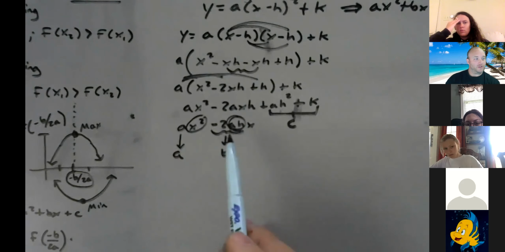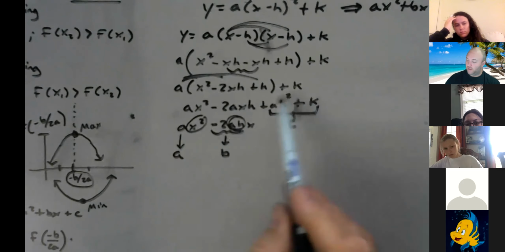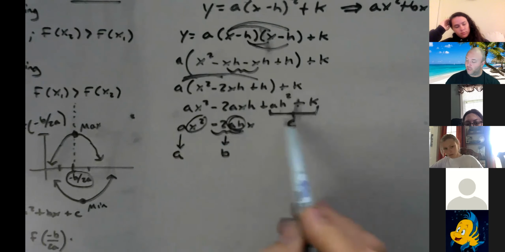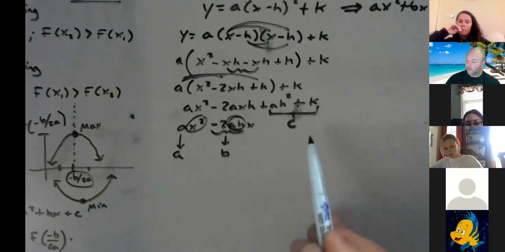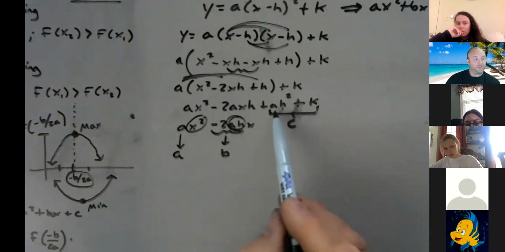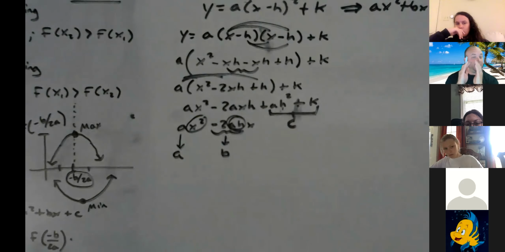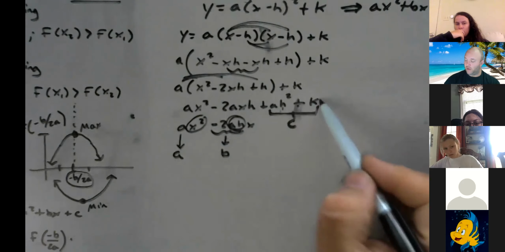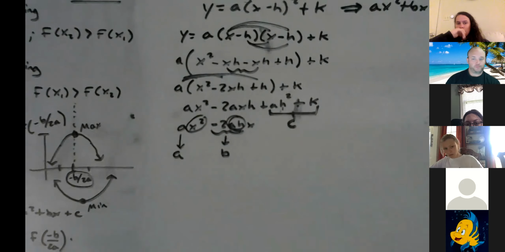There is no k here. Our k represents the output. That output is solely being focused on right here. Okay, well, the output does have some impact on where it is on the xy plane, and also how a is making the concavity, how wide or skinny it is, but also where the y-intercept's at.